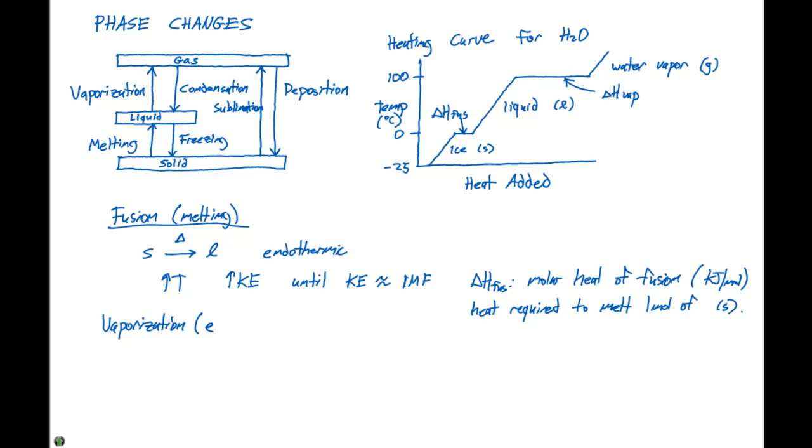In addition, we have vaporization, which is also referred to as evaporation. And this is when we have a liquid going to a gas. Again, we need heat in order to do this, and this is also an endothermic process. Okay?